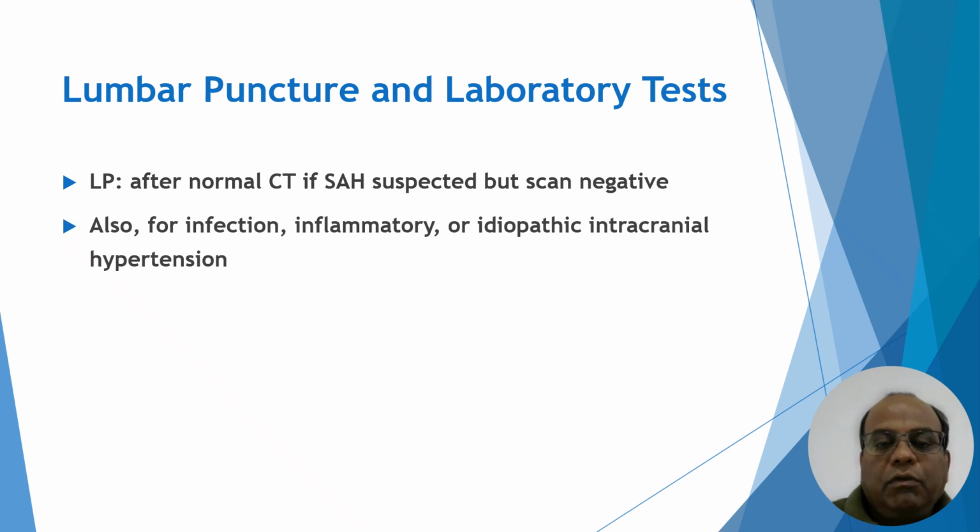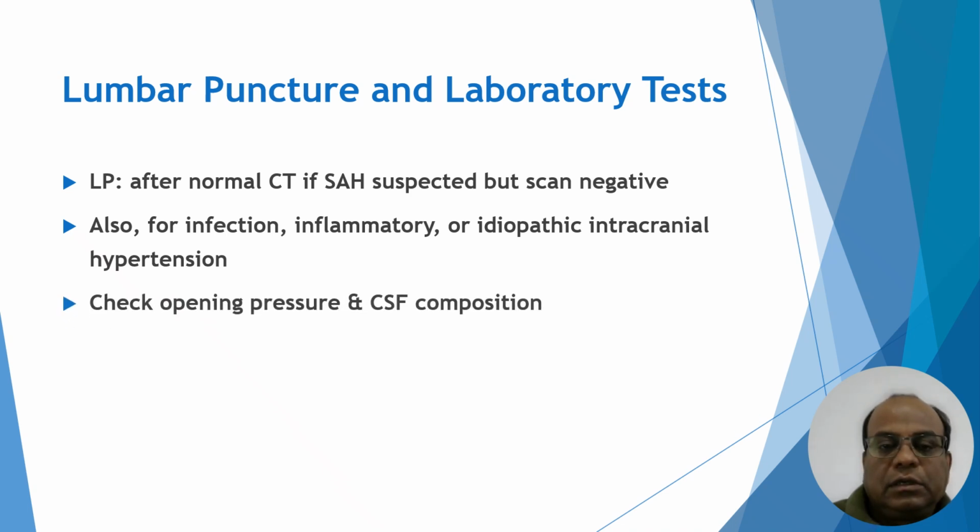Also for infection, inflammatory conditions or idiopathic intracranial hypertension, lumbar puncture should be done to test cerebrospinal fluid. You should check the opening pressure and CSF composition in these cases.